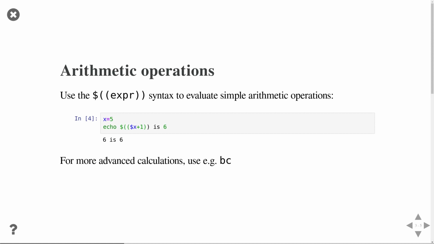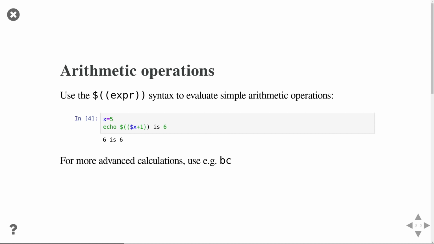Now, if you want to do some simple mathematics in a shell script, you can use the following notation. Use a dollar and then double brackets. And inside that, you can add an expression. And that will then evaluate the mathematical expression and return the result.